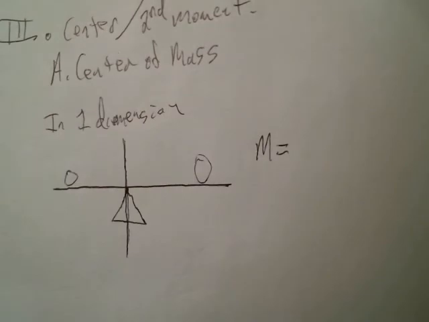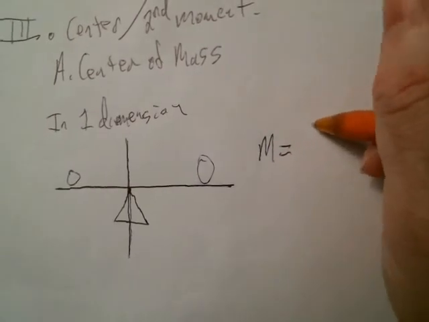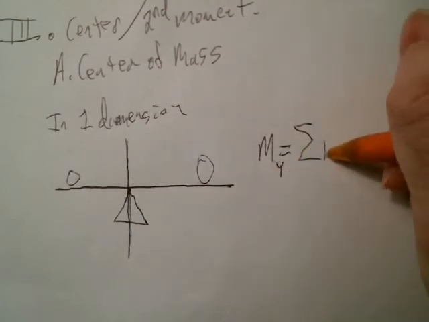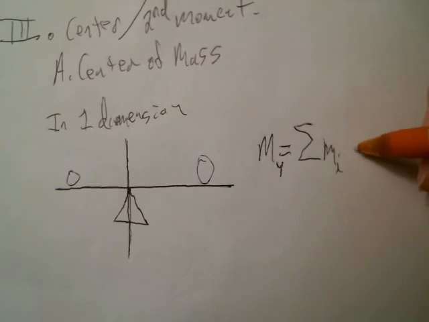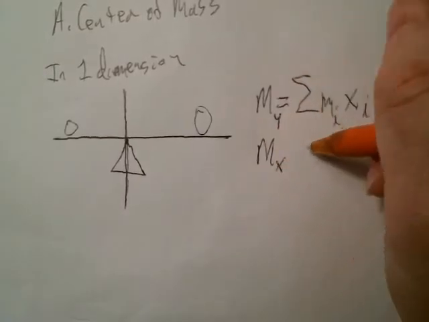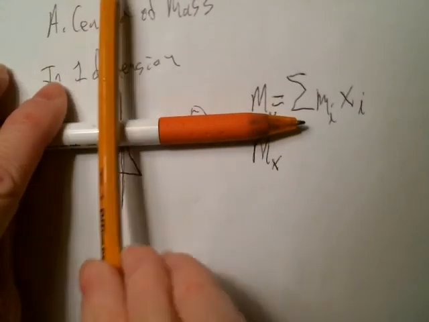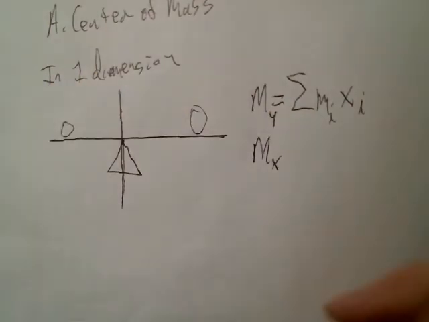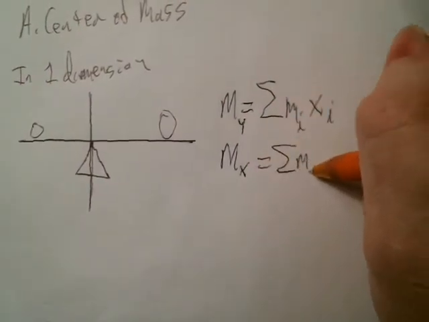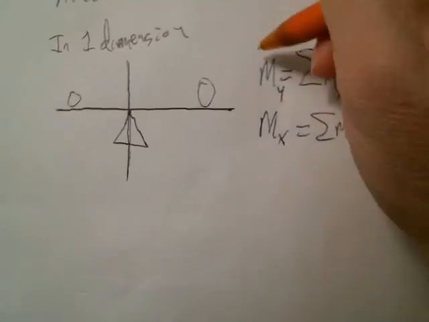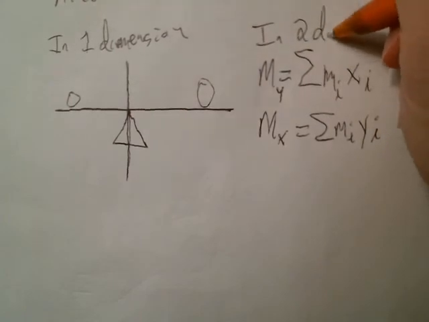So the moment with regards to the y-axis is going to be the sum of the masses of the individual pieces times their distances from the y-axis. And then you can play the same game with the fulcrum about the x-axis. That becomes your fulcrum, and you're teeter-tottering like this. In that case, it's the sum of the masses times their distances away from the x-axis. So this is really in 2 dimensions now.